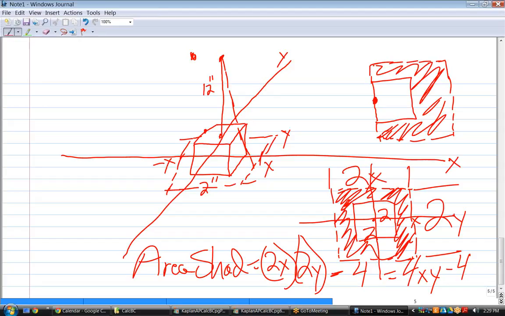Wait, you did what now to the light? I moved it 1 inch to the left. Oh, I see. So that it's sitting over that spot of the cube instead of the center. It's over the leftmost.